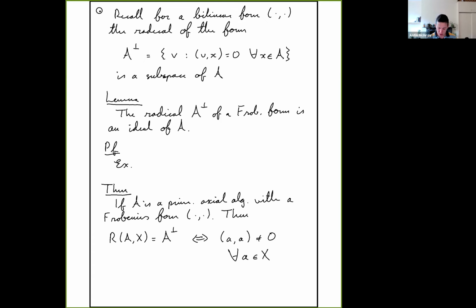And in this important theorem at the end, I stated that the radical of the algebra is equal to the radical of the Frobenius form if and only if the Frobenius form is non-zero on the axes.